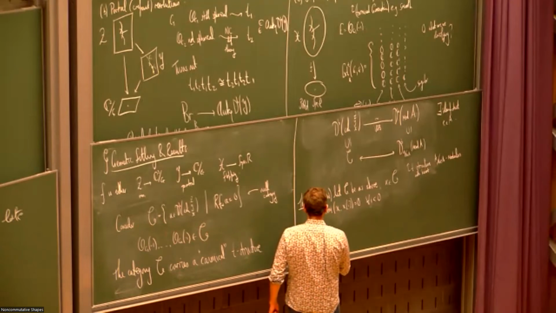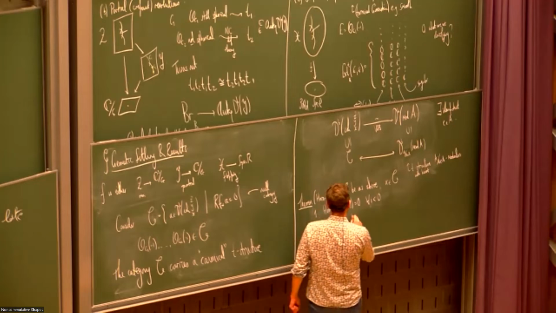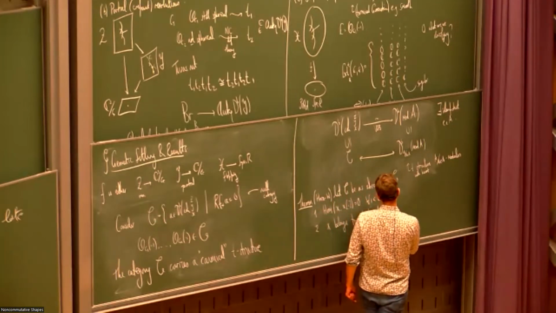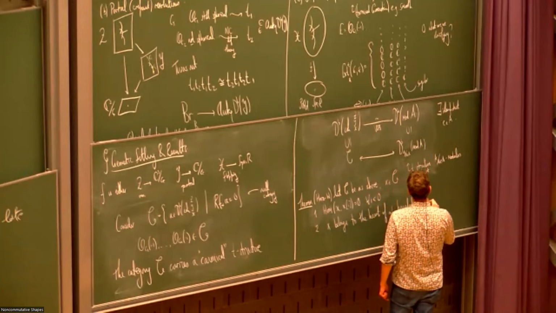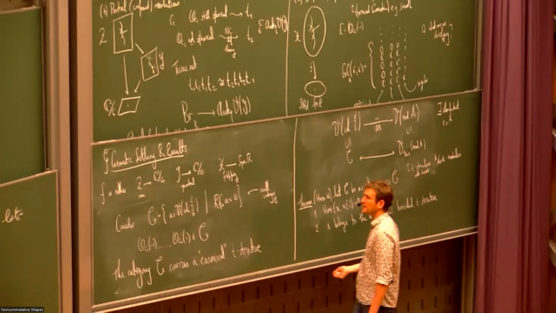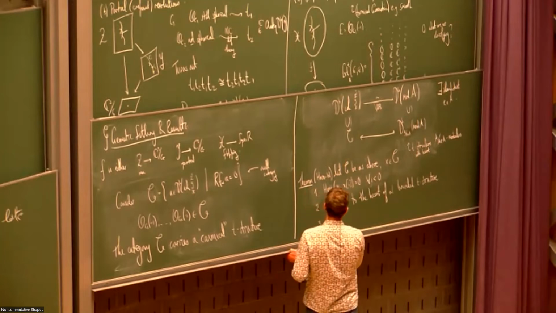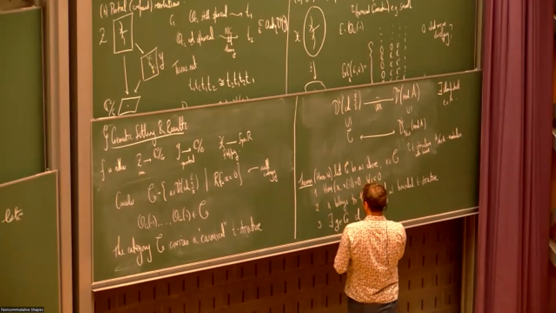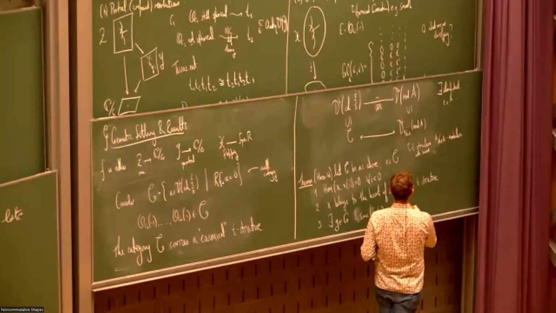And the second thing you might be interested in is that X belongs to the heart of a bounded T structure. And the third thing you might be interested in, which is related to the motivation, is that there's some element of the braid group, or some sort of groupy thing, such that your object is actually in the orbit.